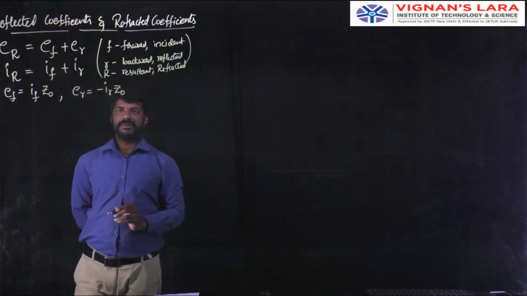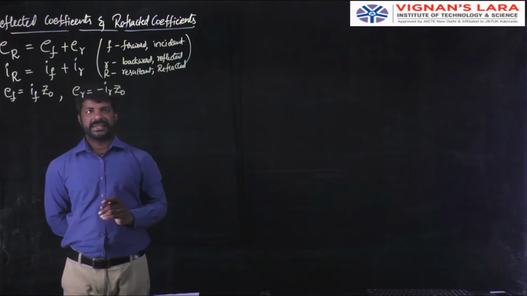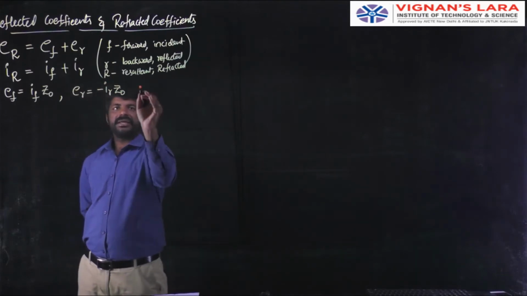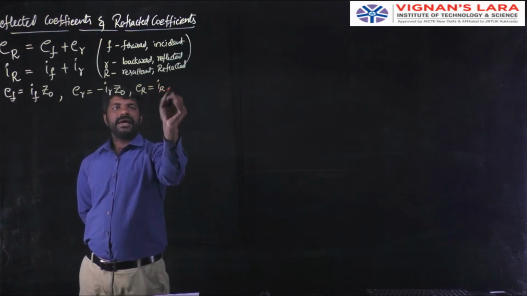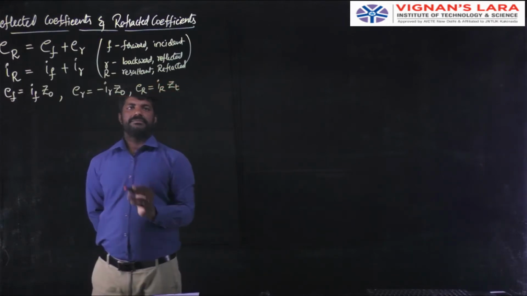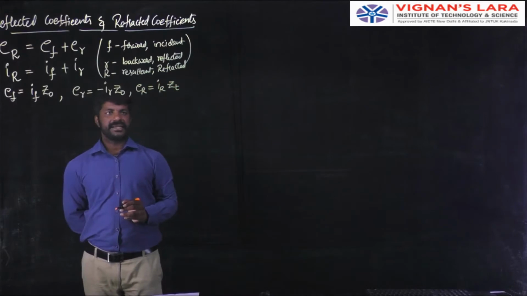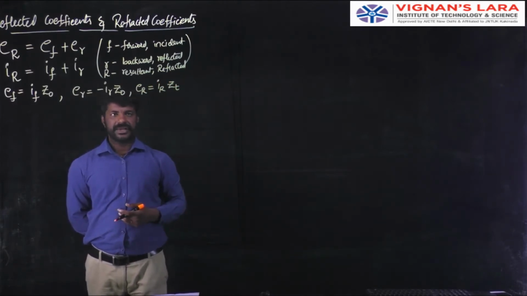Why the minus symbol? Because it is moving in the opposite direction against Z0. Next, E capital R is equal to I capital R into ZT, because ZT stands for the terminated impedance, which acts as a disturbance for the transmission line.